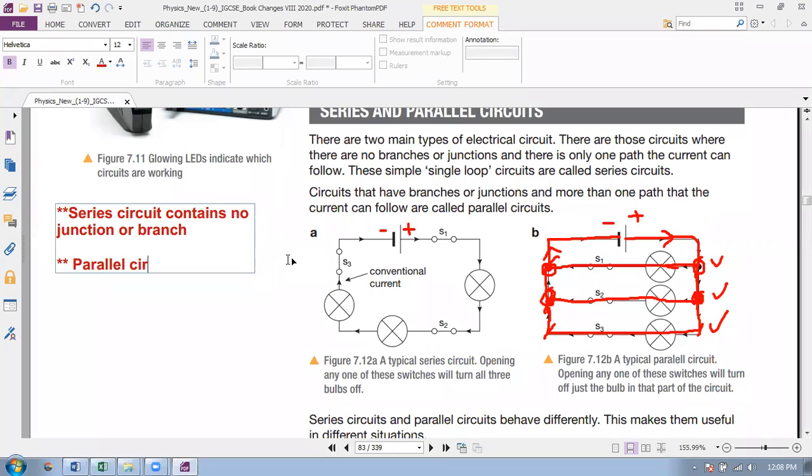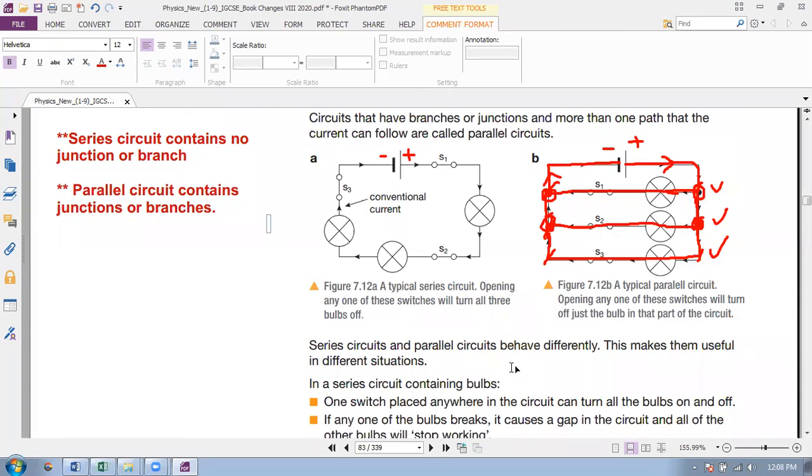Parallel circuit contains junctions or branches. So you understand what is called a junction and what is called a branch now.